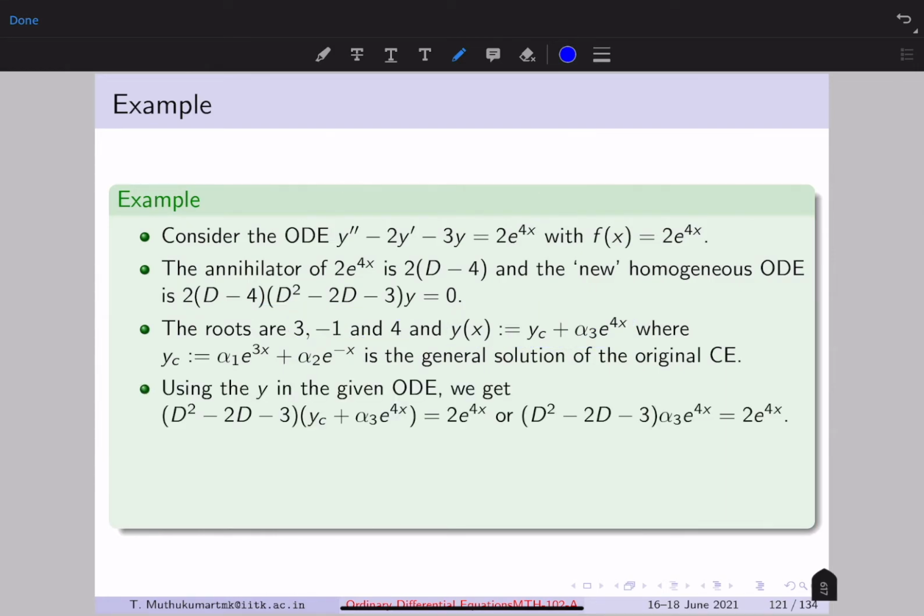From this, you know that this should be a solution. So you use this information: use this y in here, right?